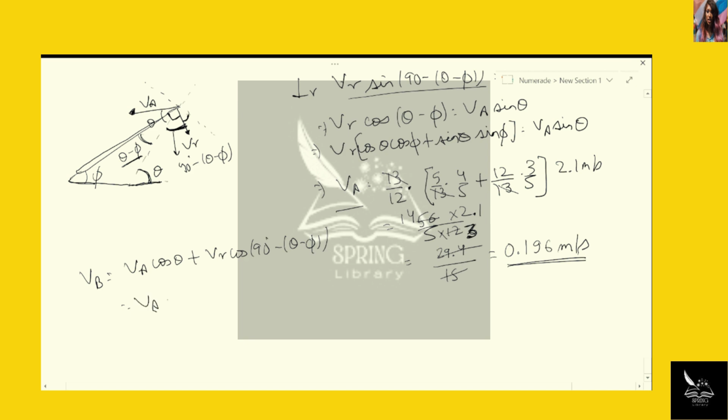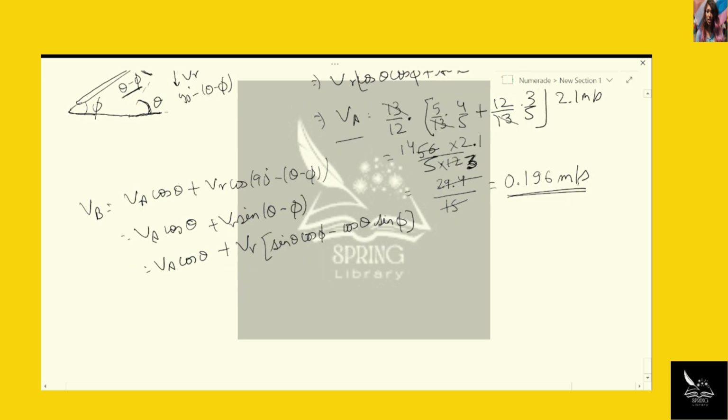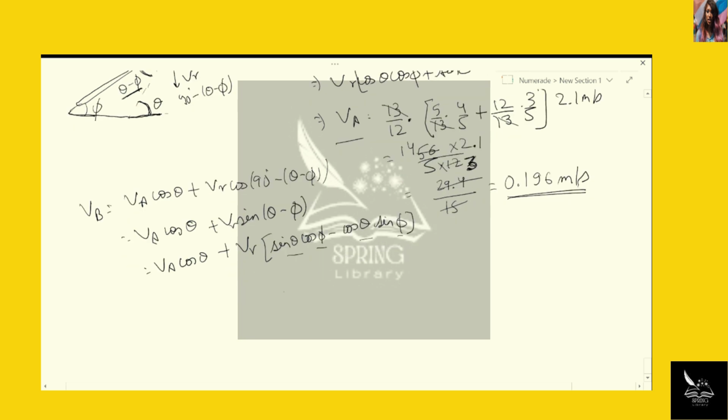So this is VA cos theta plus VR sine of theta minus phi, which can again be written as sine theta cos phi minus cos theta sine phi. And we calculated all these values in the previous problem. Please refer to that.